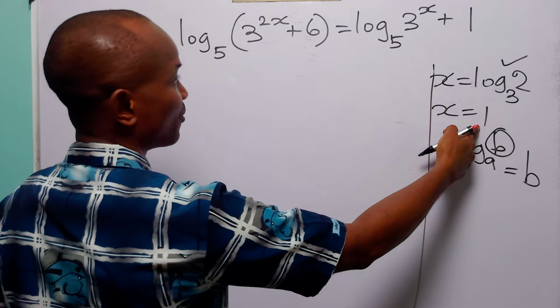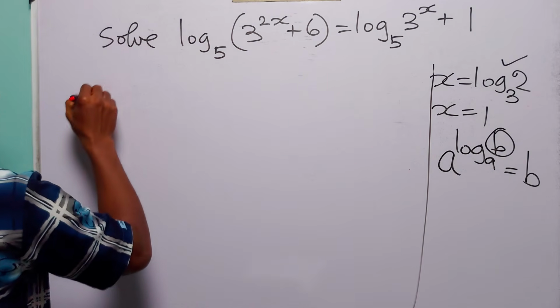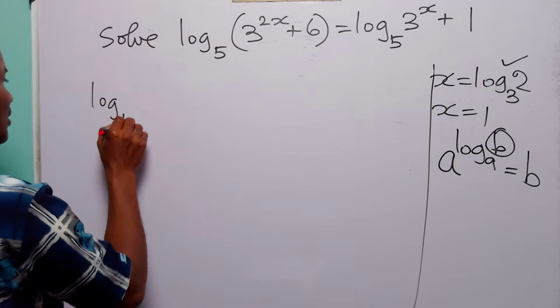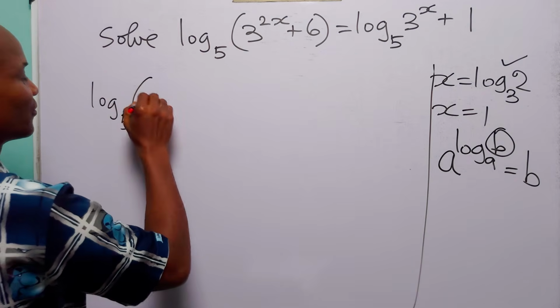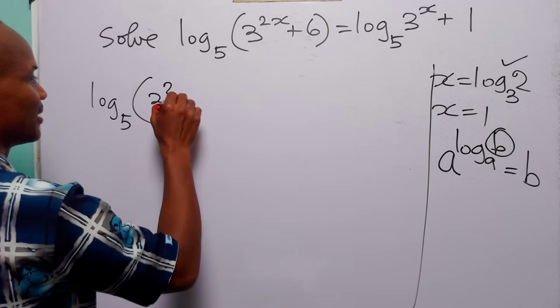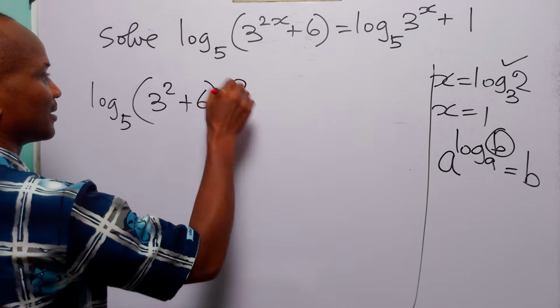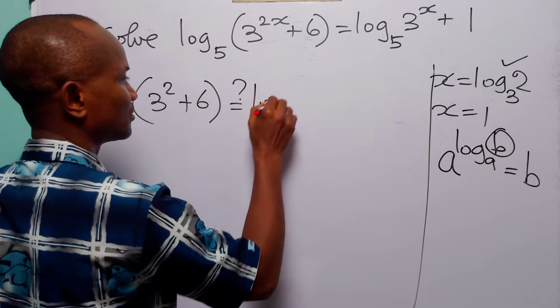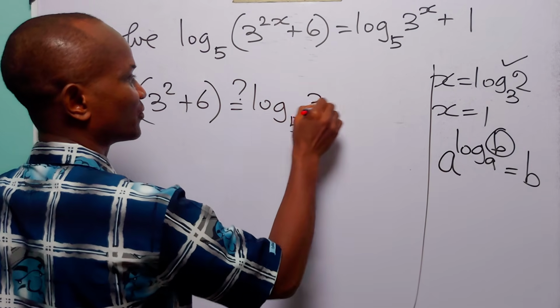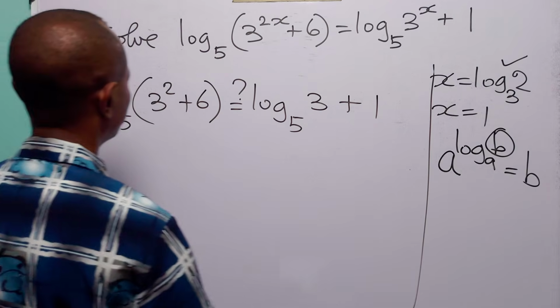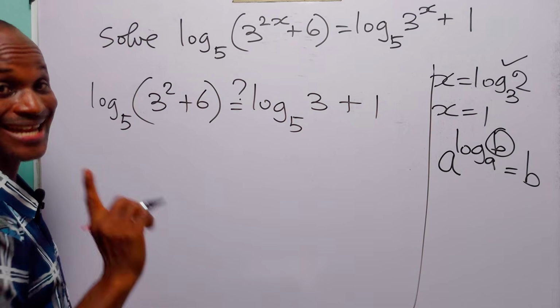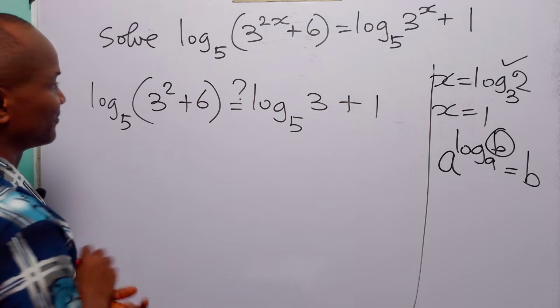Now, when x is equal to 1, this equation becomes log to base 5 of 3 squared plus 6. Now, is this equal to log to base 5 of 3 plus 1? 3 squared is 9. 9 plus 6 is 15.